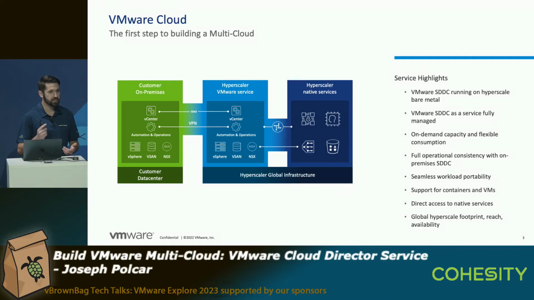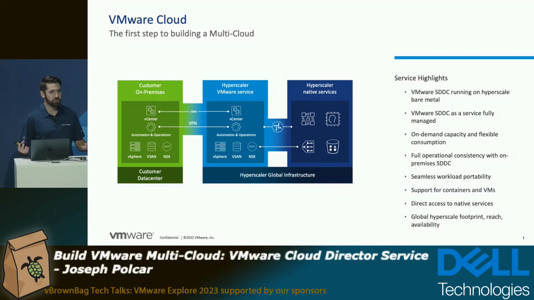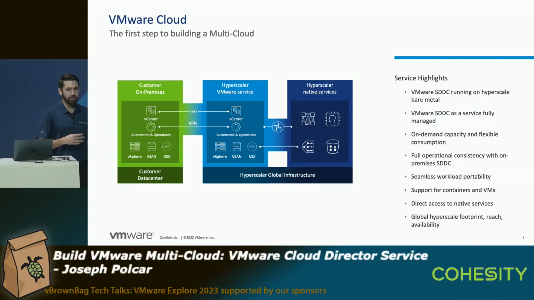This is taking the software you already know, vSphere, NSX, vSAN, and putting that on a hyperscaler so you can take advantage of all of the benefits of running on a hyperscaler. Of course, they have global infrastructure, but you also get direct access to a lot of the native services. So if you're running VMware Cloud on AWS, for example, you'd get access to AWS services directly.